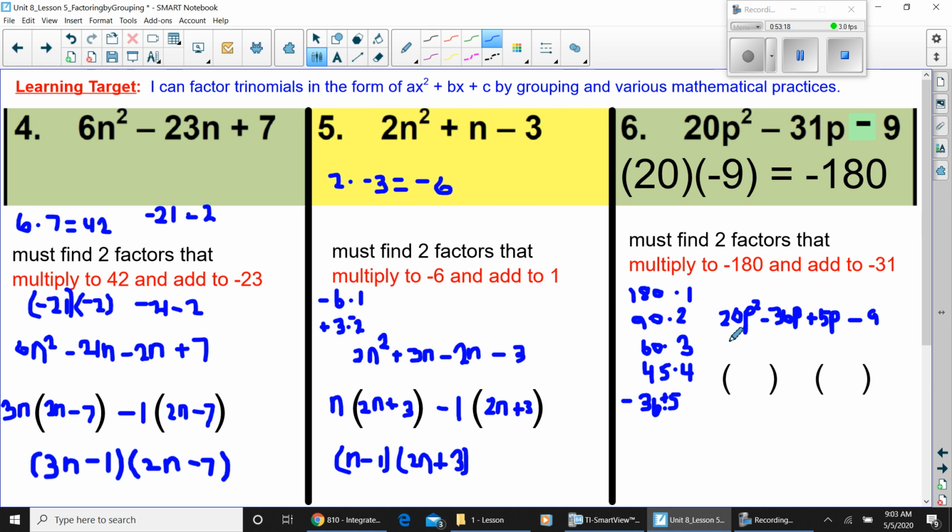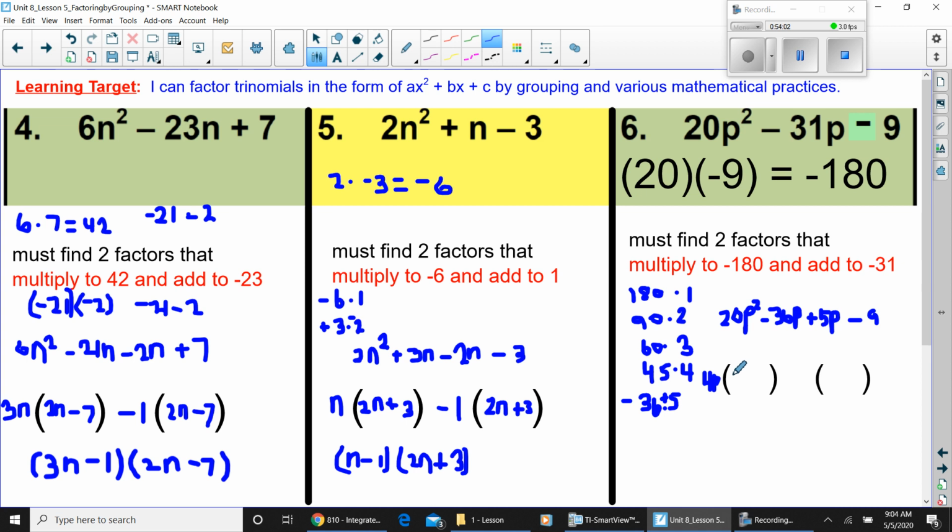Going down, 15 doesn't go in. 10 doesn't go in. 5 doesn't go in, and you're just trying to find a greatest common factor. So 4 goes into 20, and also 36 divided by 4 is 9. So 4 works. And then p is a greatest common factor because it is part of both terms.